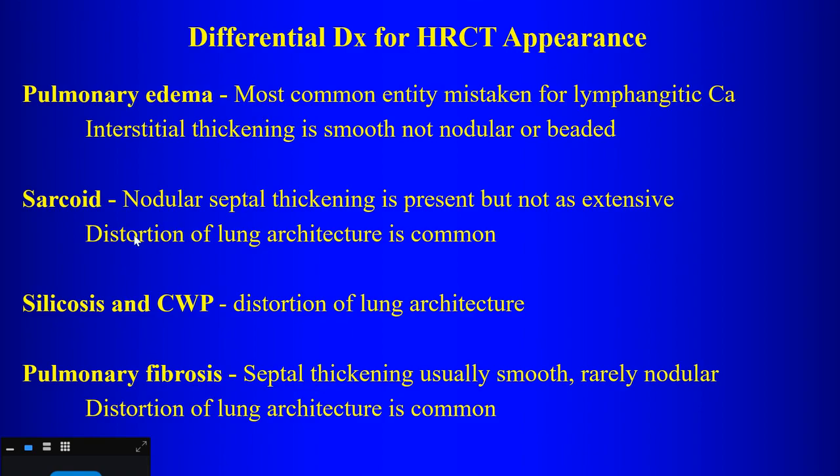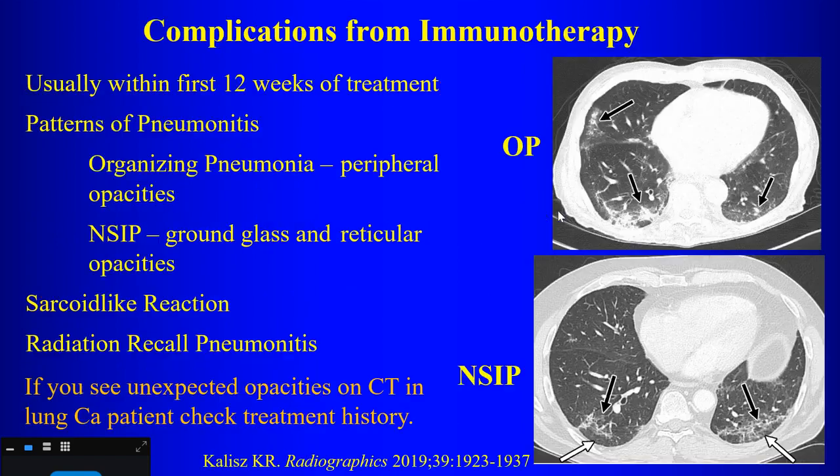Sarcoid and silicosis can also give you nodular interlobular septal thickening, but there are other findings, like architectural distortion. Sarcoid tends to be upper lung predominant. With silicosis, you might have lymph nodes, eggshell calcifications. Pulmonary fibrosis also is associated with architectural distortion. With lymphangitic carcinomatosis, you do not get architectural distortion, so you don't get scarring.